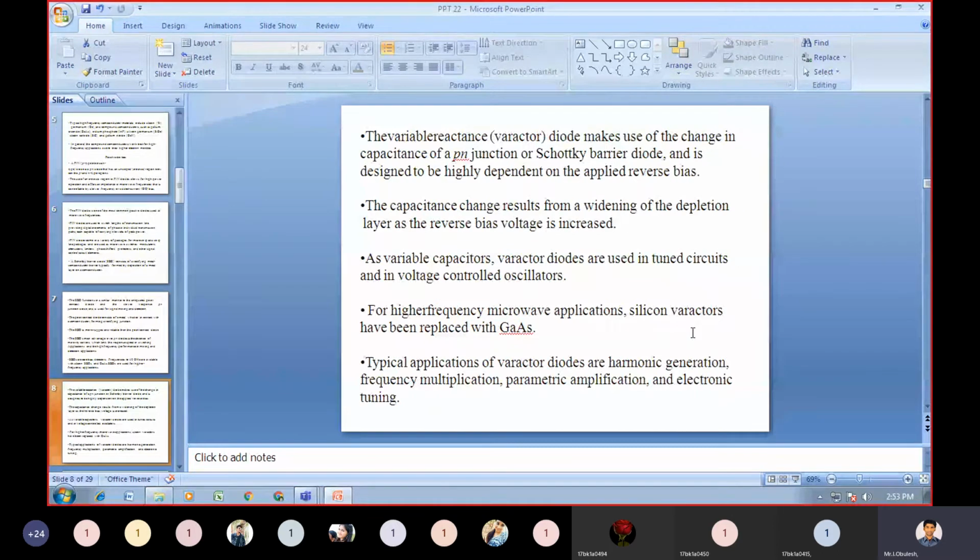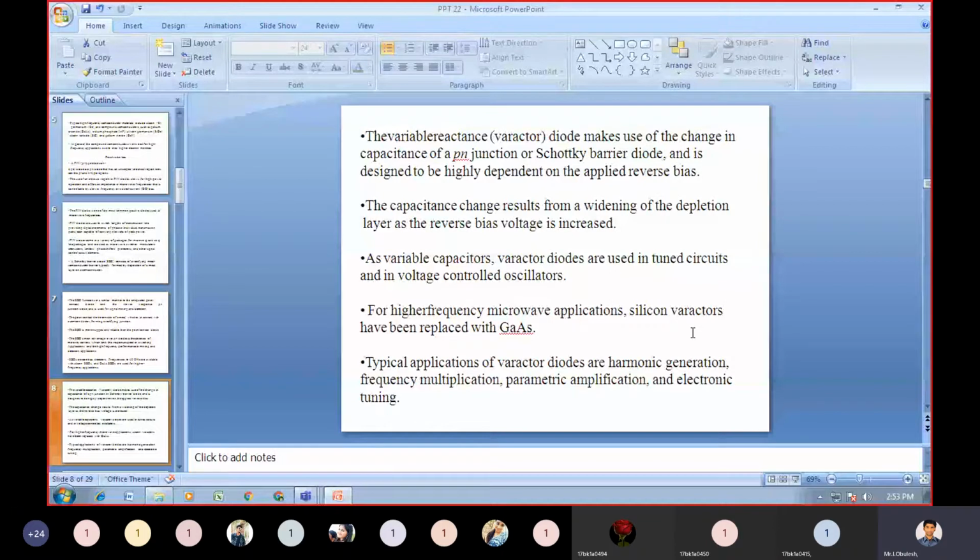The variable reactance device is called a varactor. This diode makes use of the change in capacitance of a PN junction or a Schottky barrier diode, which is designed to be highly dependent on the applied reverse bias.